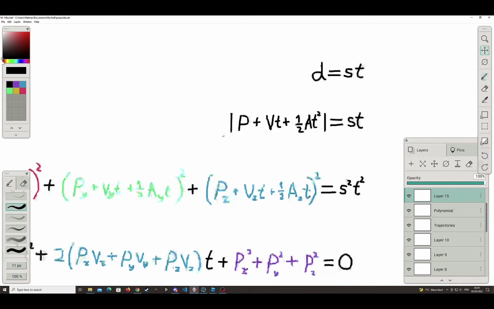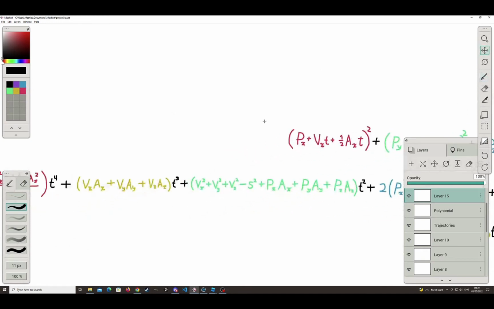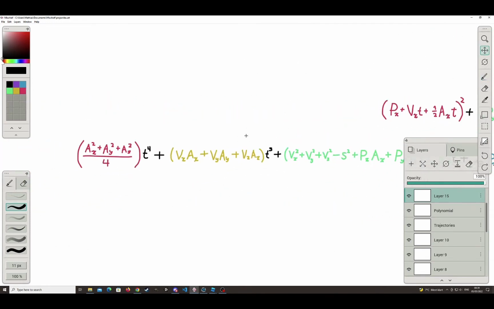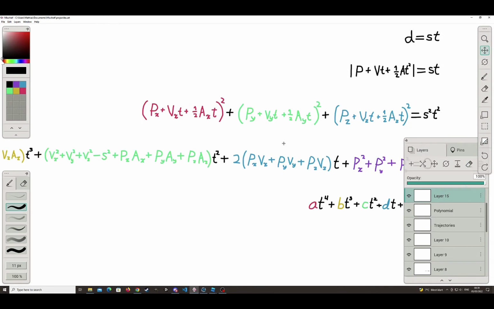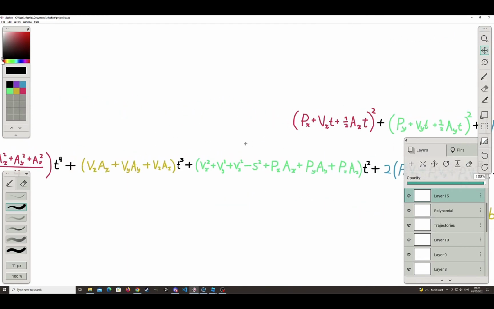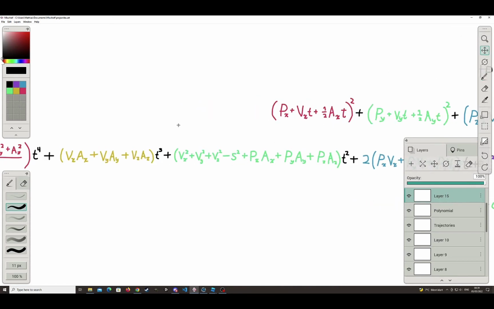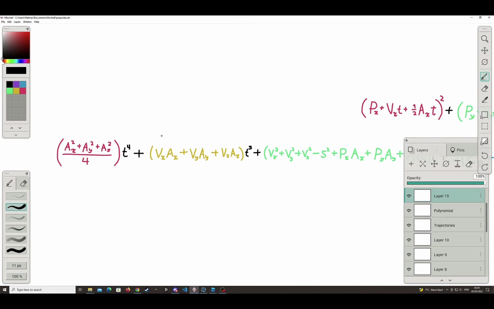So that's what I'm doing there. And we can expand this further to get this thing. And as you can see, it's written in a polynomial form. So we have our t^4, t to the power 3, t^2, and t here.